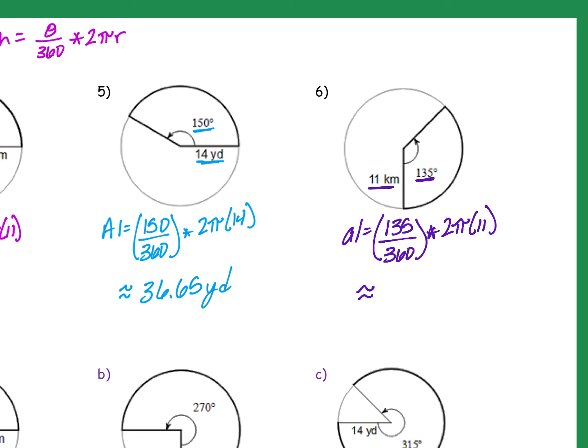I put that in my calculator: parenthesis 135 divided by 360, times 2, times pi, times 11. There we go. 25.92 kilometers. Okay.